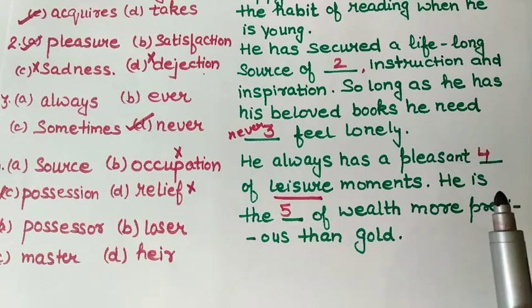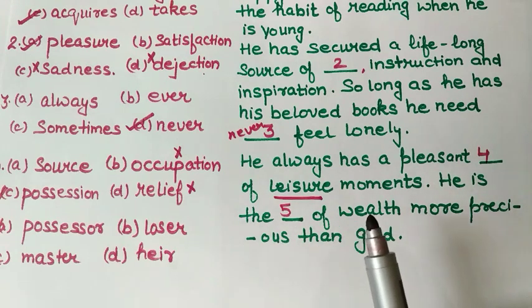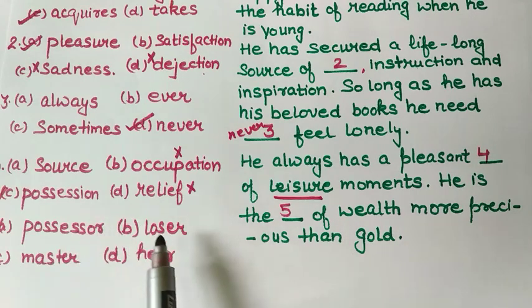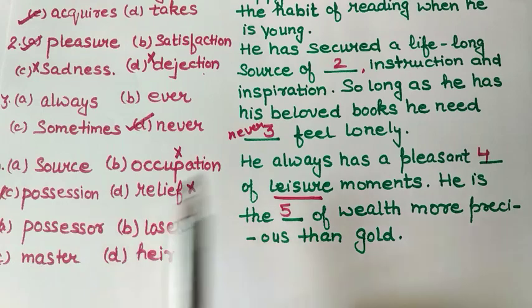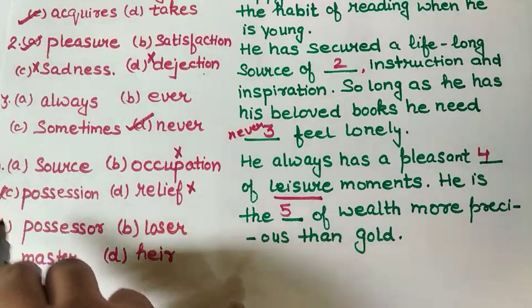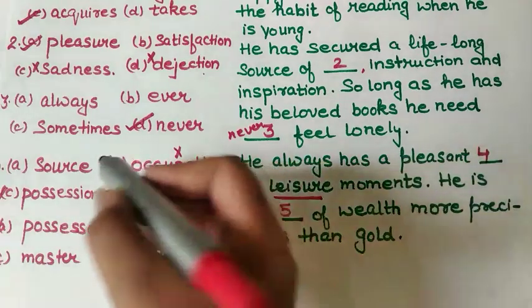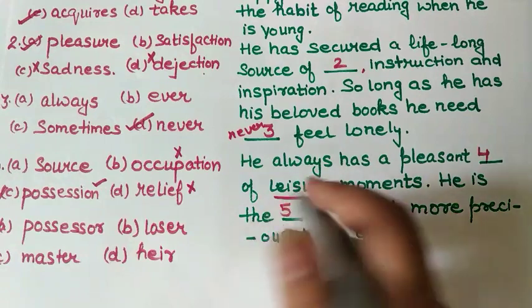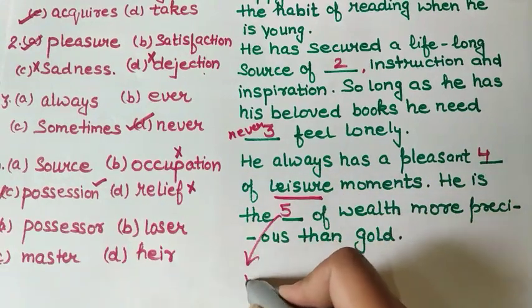Next, he is the dash of wealth more precious than gold. The options are possessor, loser, master, and higher. Now see how to relate, because in the fourth blank I discussed possession. So he is the possessor of wealth.